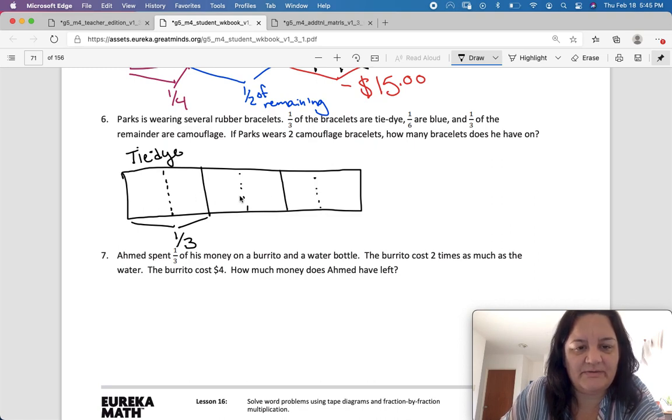Now I have 1, 2, 3, 4, 5, 6. So 1/6 here are blue. And 1/3 of the remainder, well, here's the remainder, and look, the remainder is already cut in thirds. 1/3 of the remainder are camouflage.